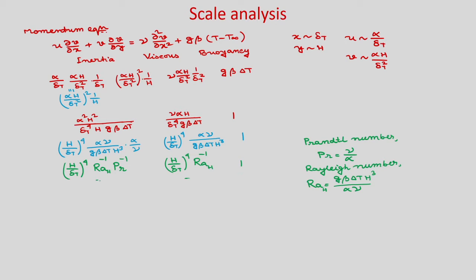So, either your inertia term will be comparable with buoyancy term or your viscous term will be comparable with buoyancy term, because to have the natural convection you should have the buoyancy term present. Okay. So, in two different cases now we will consider high Prandtl number fluids and low Prandtl number fluids. So, first we will consider high Prandtl number fluids.